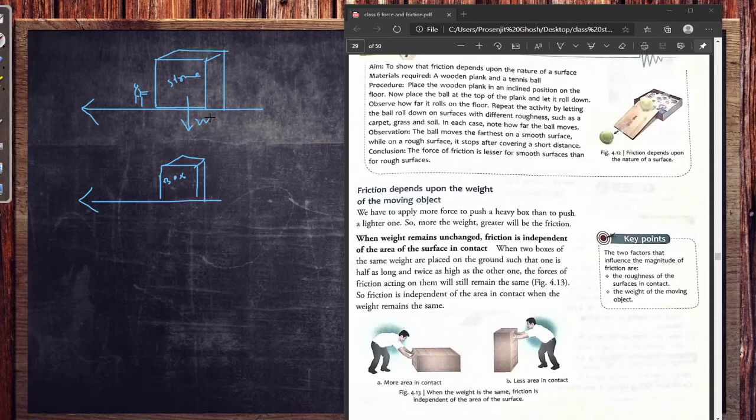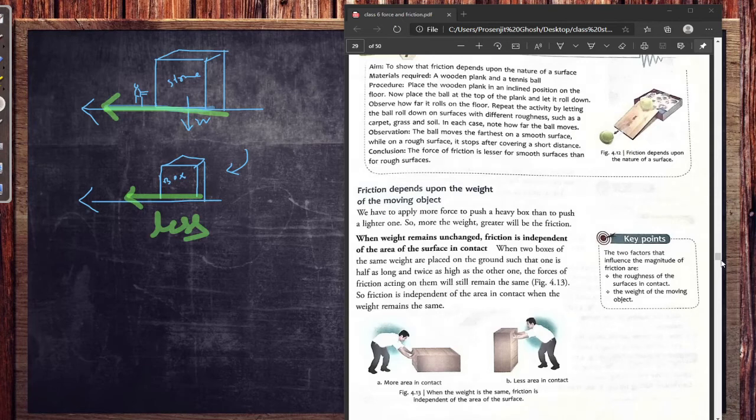So whenever the body is very heavy, that means the weight is very high, then the friction force will also be very high. What I told you, if the object is heavy, then the friction will also be more. But in the next condition, you can see we have a cardboard box that is quite light. So you can say the friction force is very less. So it also depends upon the weight of the body.